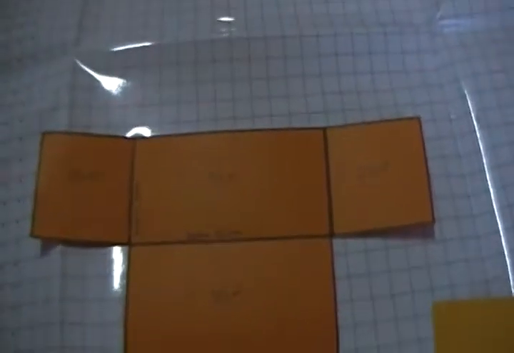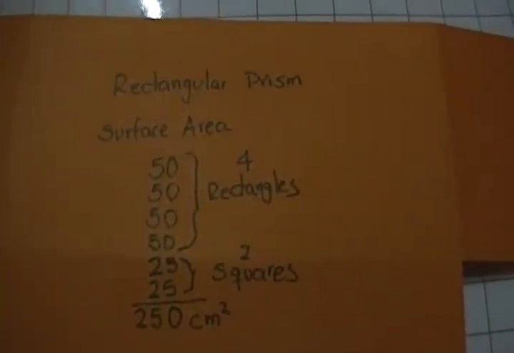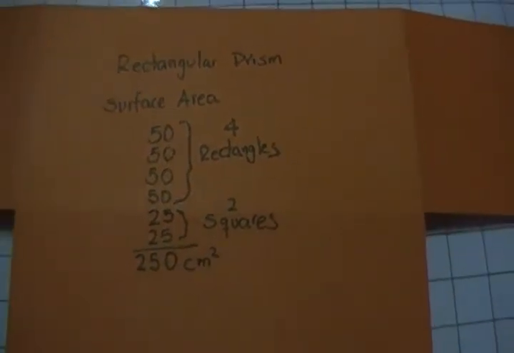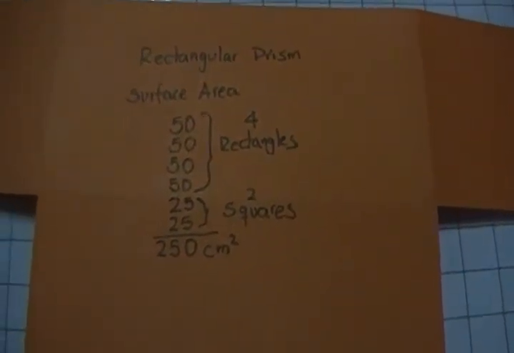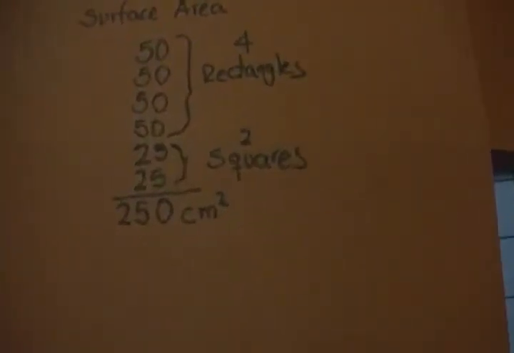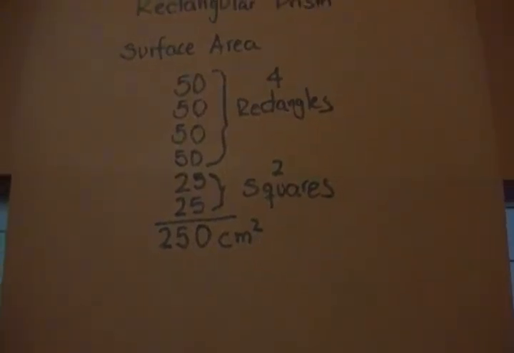So now we put together the areas of these 4 rectangles plus the areas of the squares to get a result for the surface area: 4 rectangles whose areas are 50 square centimeters each, plus 2 squares that are 50 together. So in order to get the surface area, we add and we get 250 square centimeters.